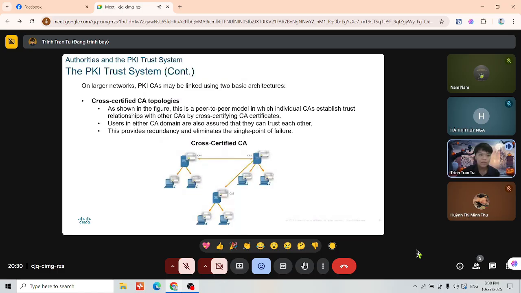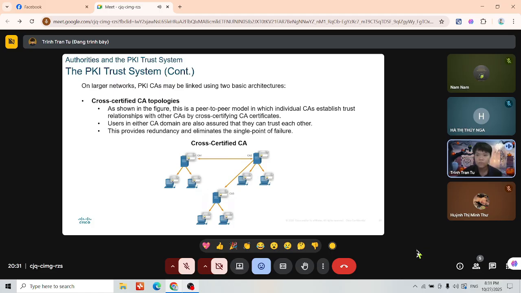The next, 9. Unlinked network PKIs may be linked using two basic broad certificate CA topologies, as shown in the figure.